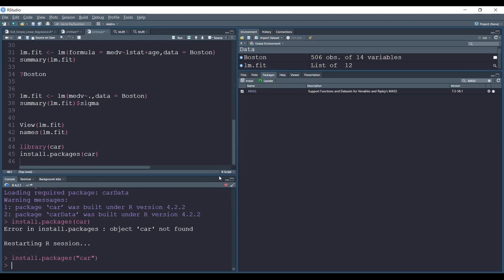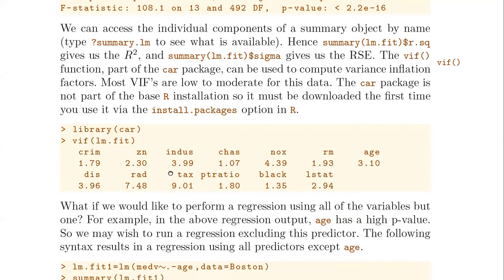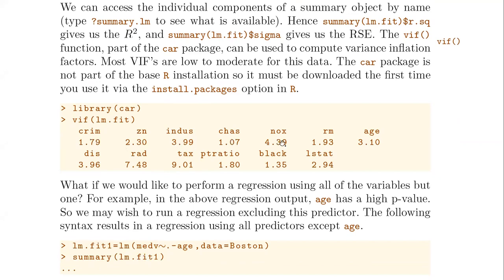So we're installing this package, and while RStudio does that, we get these values. So we haven't yet explained, this is probably defined in the previous section, the variance inflation factor.